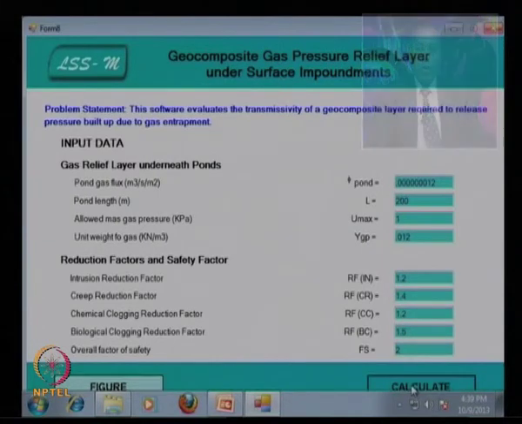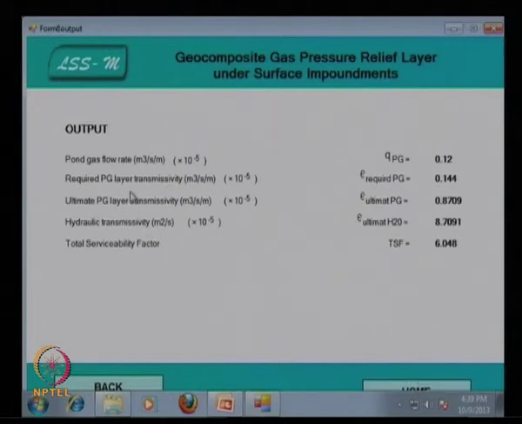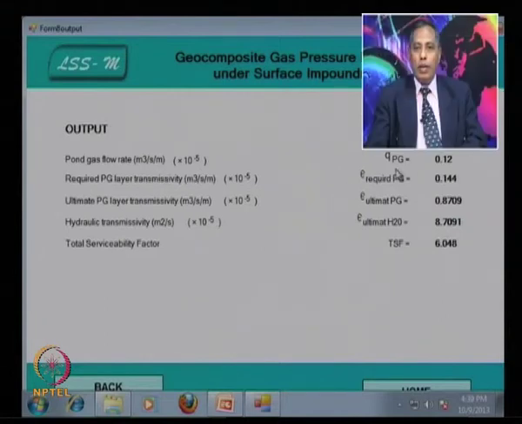So, you can calculate and you can have the output, that is pond gas flow rate, QPG is 0.120 times 10 to the power minus 5 meter cube per second per meter, and required PG layer transmittivity, that is theta required PG 0.144 times 10 to the power minus 5 meter cube per second per meter.